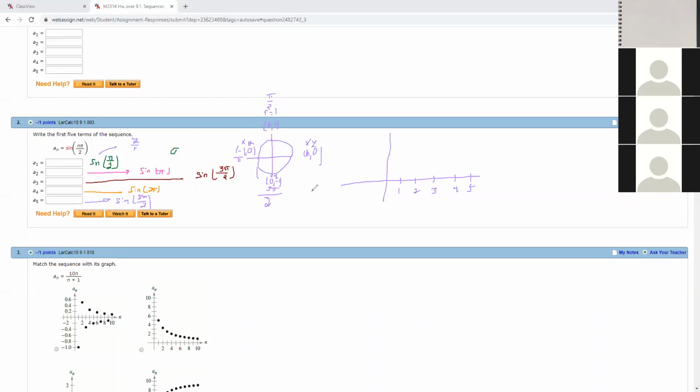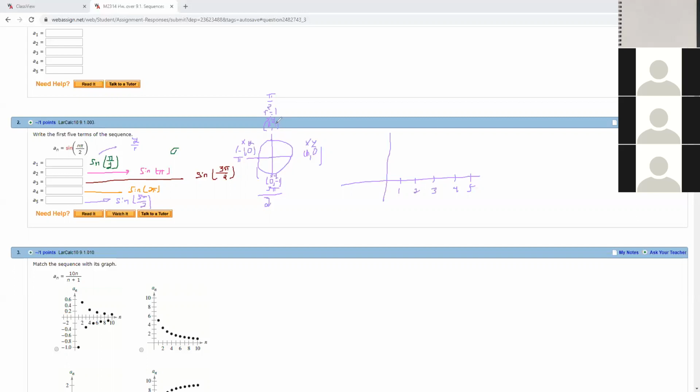So let's see. So Denise, can you help us here? What's going to be for the first term, which is 1 pi halves, which is up here on the top. So the y value divided by r, the radius is 1.